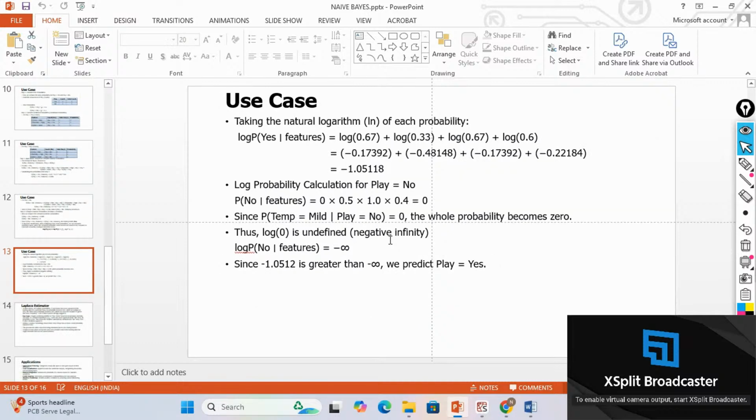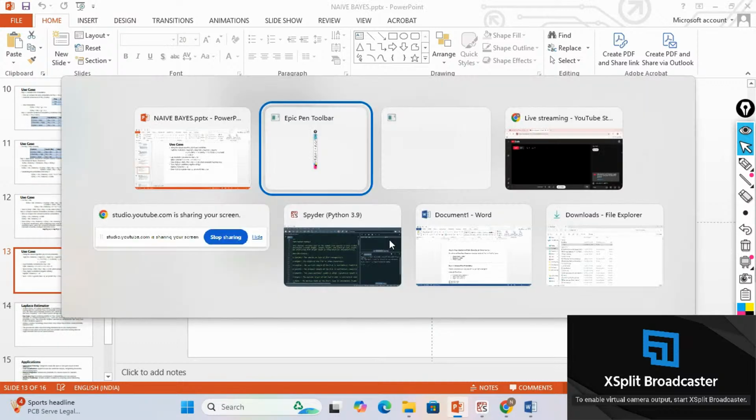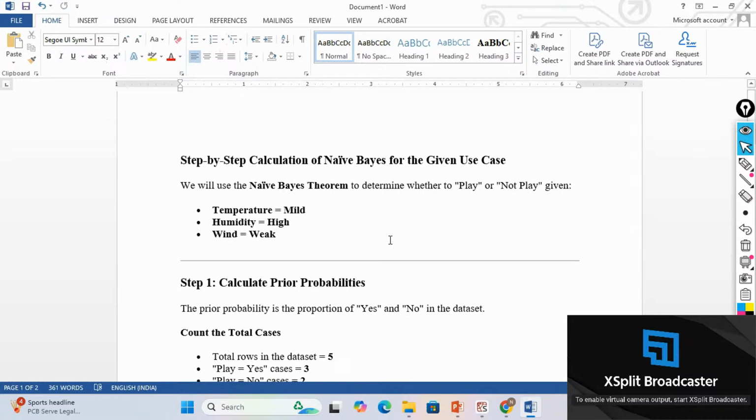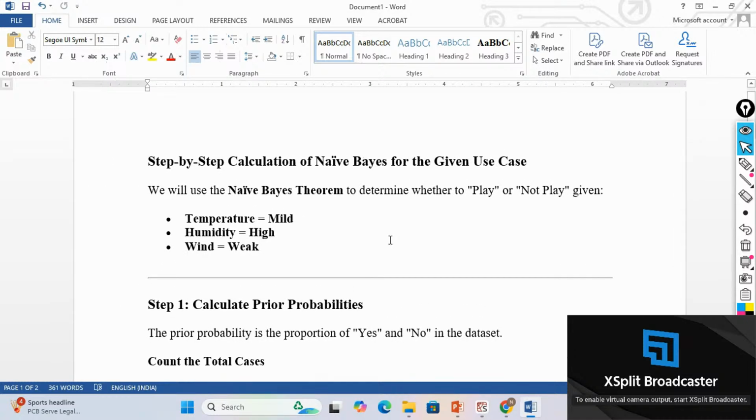So what I have done is I have come up with a word file. Step by step we'll understand what exactly should be done as part of the calculation, right? So let us use the naive Bayes algorithm to determine whether to play or not given the conditions: the temperature, humidity, and wind.